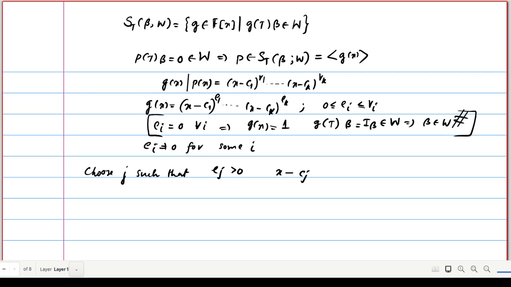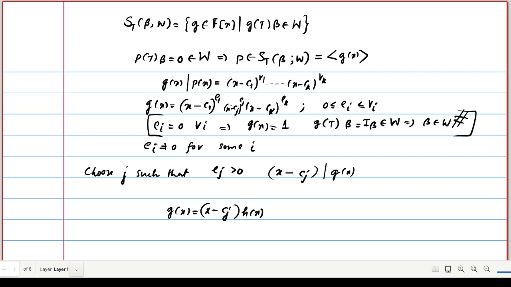Since (x minus cj) raised to ej is there, and ej is greater than or equal to 1, this x minus cj should divide g of x, and hence g takes the form g of x equal to (x minus cj) times h of x for some polynomial h of x.